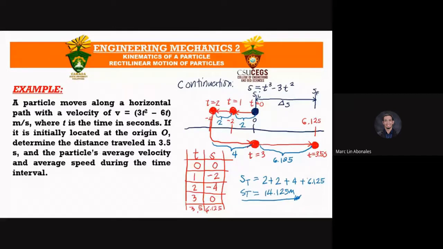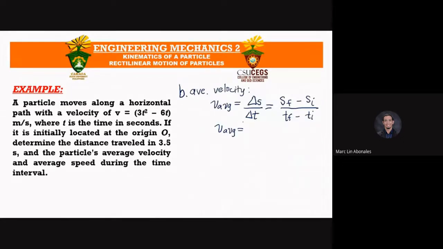Okay, kung kalawon nato sa figure or sa illustration natong gi-draw. Pero here, pwede lang nimo i-substitute ang values. The final position was 6.125 meters minus the initial is 0.